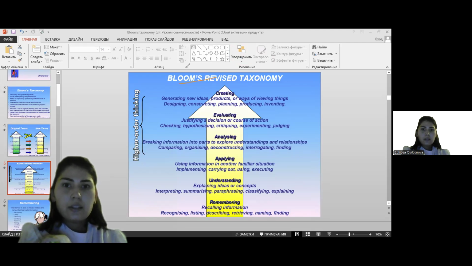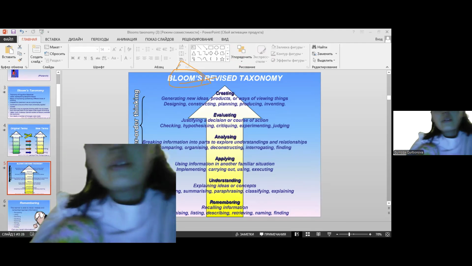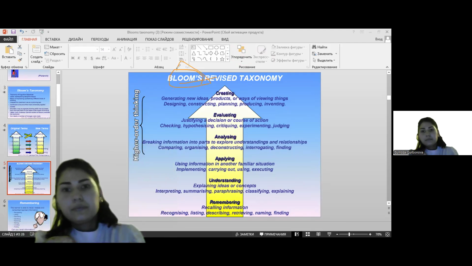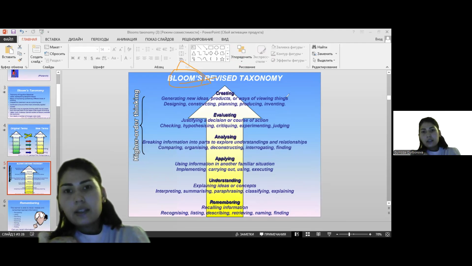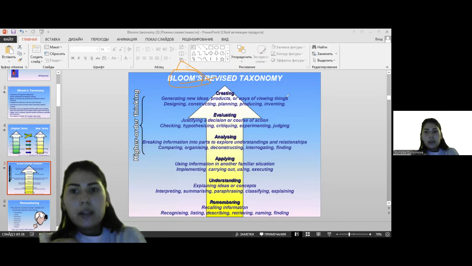Here you can see Bloom's revised taxonomy. Creating: generating new ideas, products, or ways of viewing things, designing, constructing, planning, producing, and inventing. Evaluating: justifying a decision or course of action, checking, and judging.